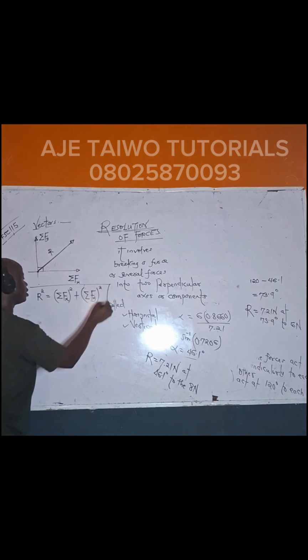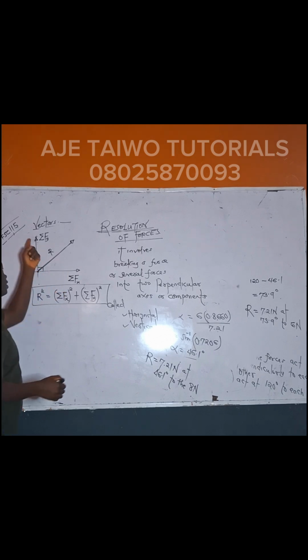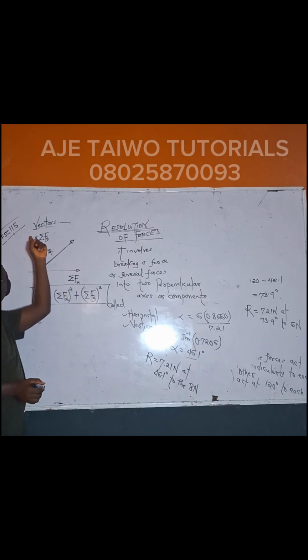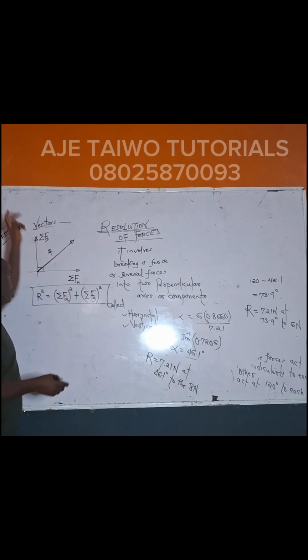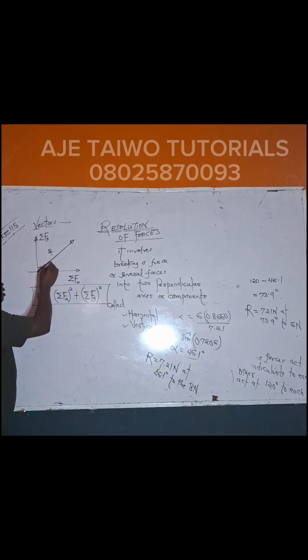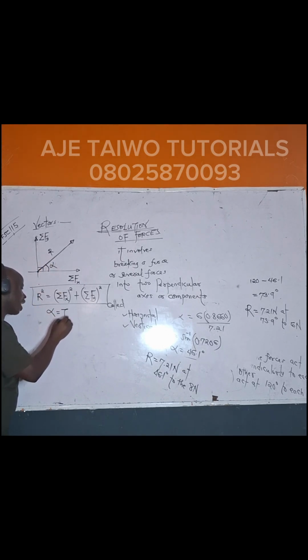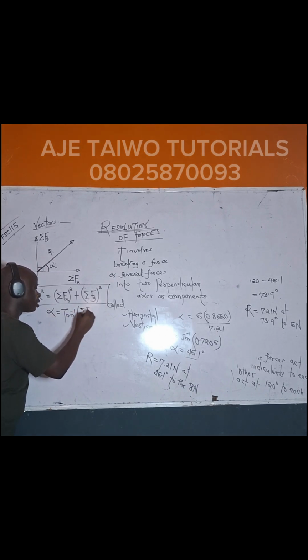Just what we did when two forces are at 90 degrees to each other. It's the same as when two forces are perpendicular to each other. The direction of your R, let's call it alpha. Alpha is always arctan of summation Fy over summation Fx.